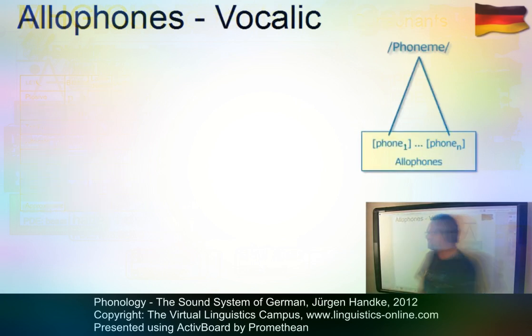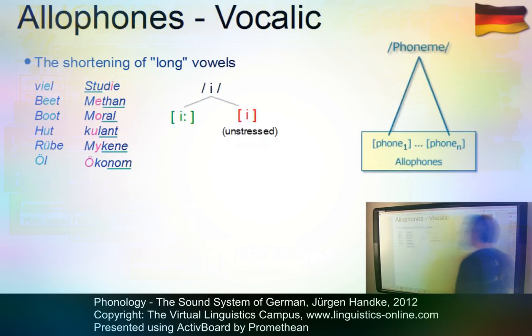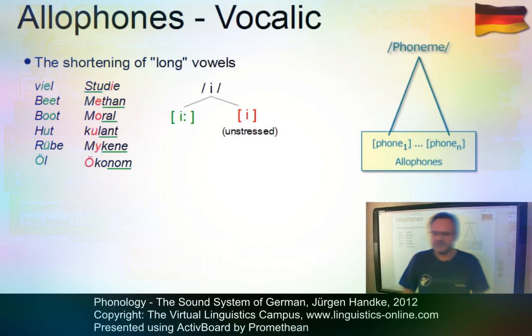And there's one effect referred to as the shortening of long vowels. Now, depending on their position, whether they are stressed or unstressed, most long vowels can be shortened. Let us look at the examples on the board. I will first of all produce the long ones which occur in stressed position.